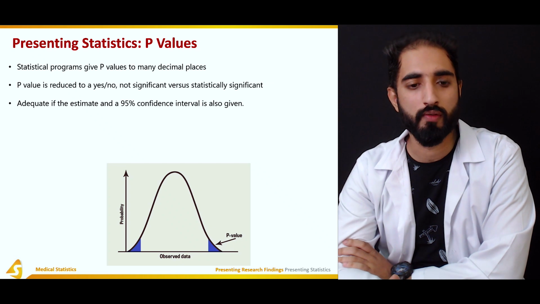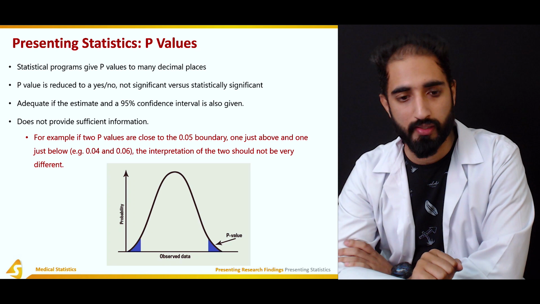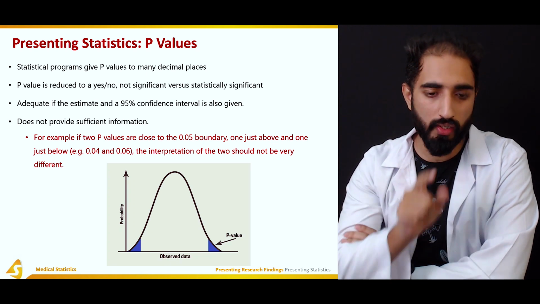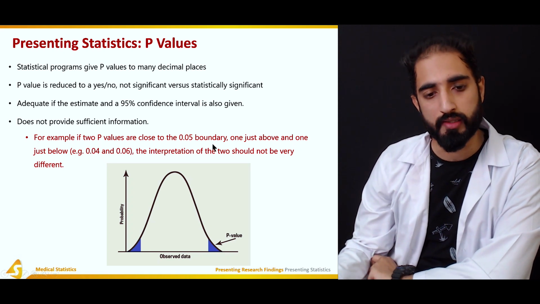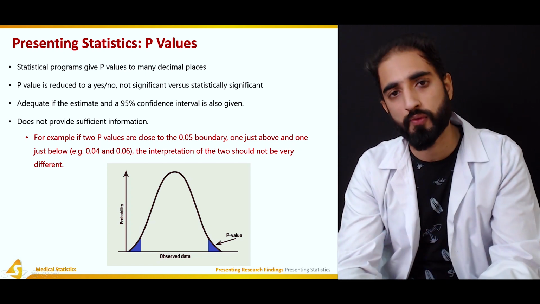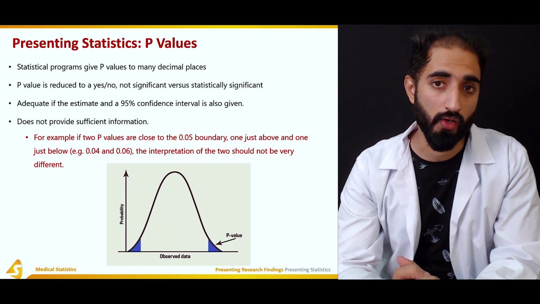So it is adequate if the estimate and a 95% confidence interval are also mentioned. But the problem is that it does not provide sufficient information. Let's take an example which is mentioned here. So we have two p-values. One is 0.04 and one is 0.06. One is slightly below 0.05 and one is slightly above 0.05, and there's not much difference, to be honest.